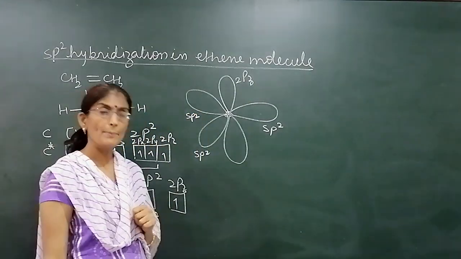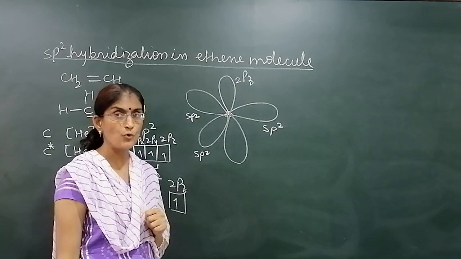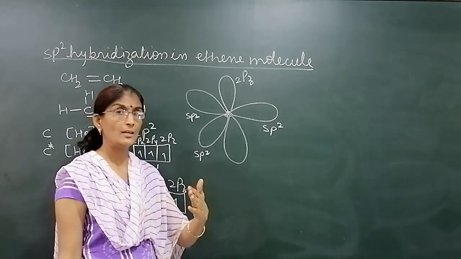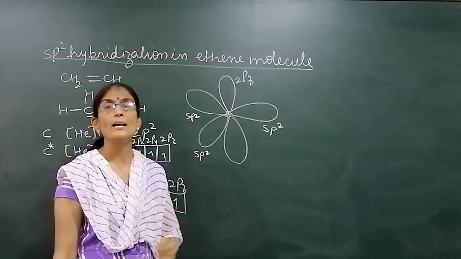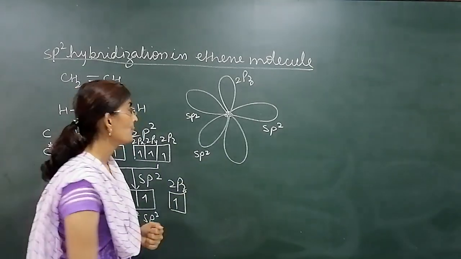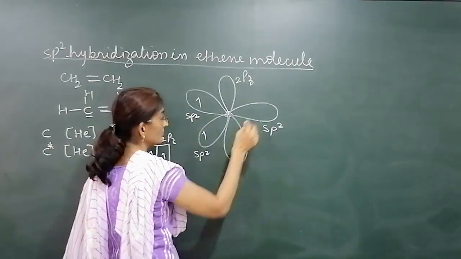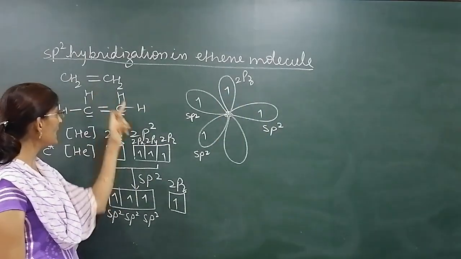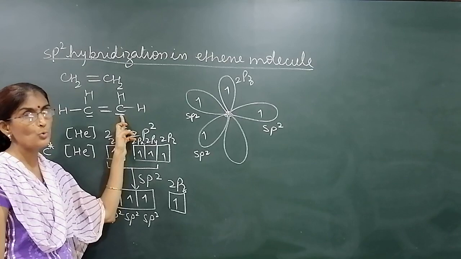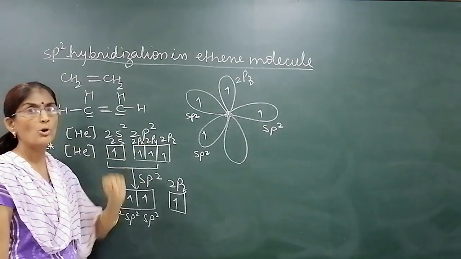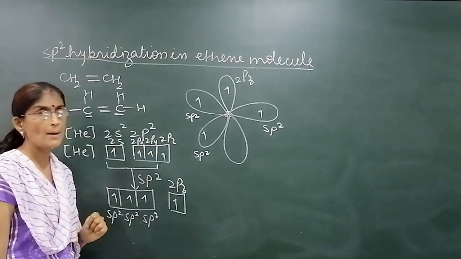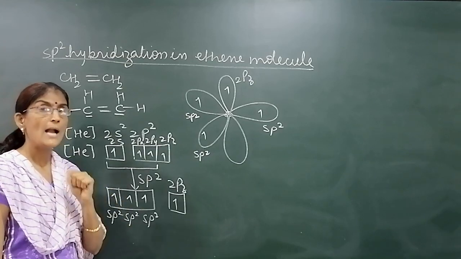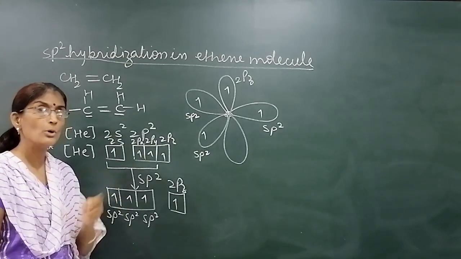The one which is perpendicular to the plane has bond angle 90 degree, and those 3 in a plane, planar triangular, the bond angle is 120 degree. Each has unpaired electron. In this same way the second carbon atom also undergoes sp2 hybridization. Same 4 orbitals of second carbon atom are also there. Out of 4, 3 are hybrid orbitals and 1 is perpendicular to the plane.